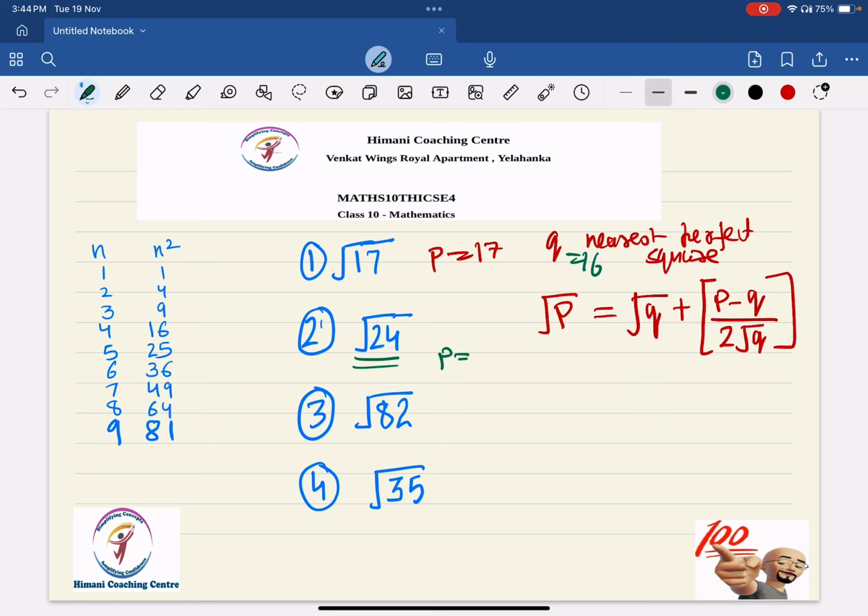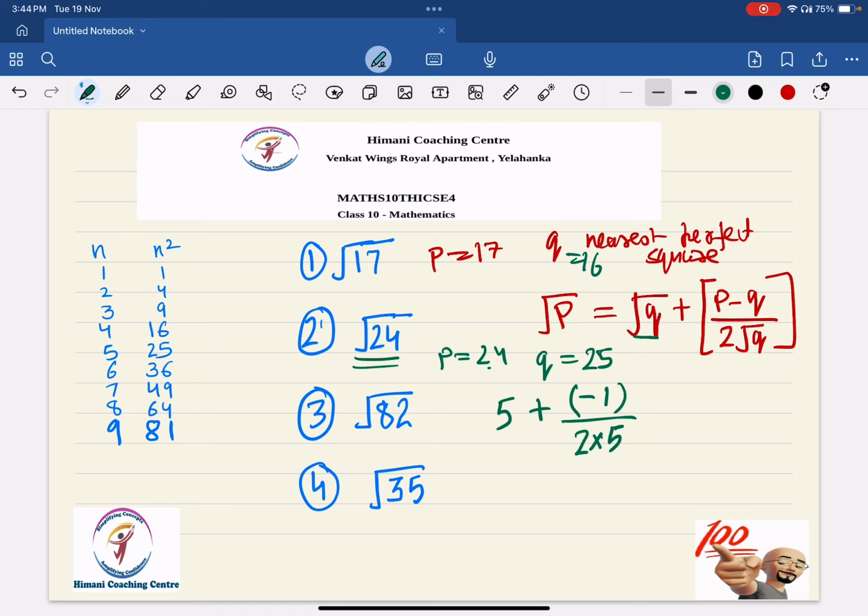P is 24. Nearest perfect square happens to be 25. So that is Q. So now in order to find root 24, I have to do what? Root Q. So root of 25 is 5, plus P minus Q. Now 24 minus 25 is minus 1, divided by 2 times square root of 25, which is 5.